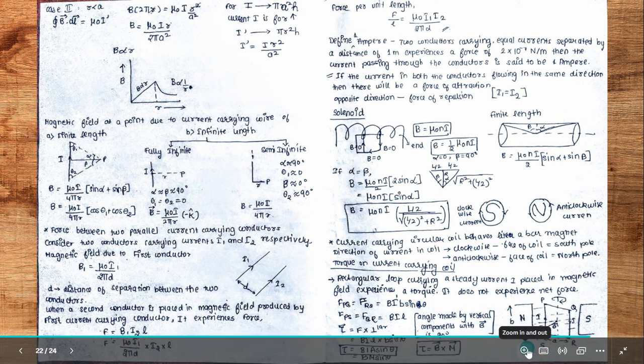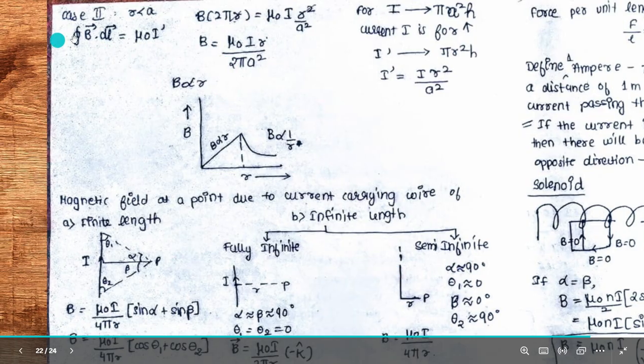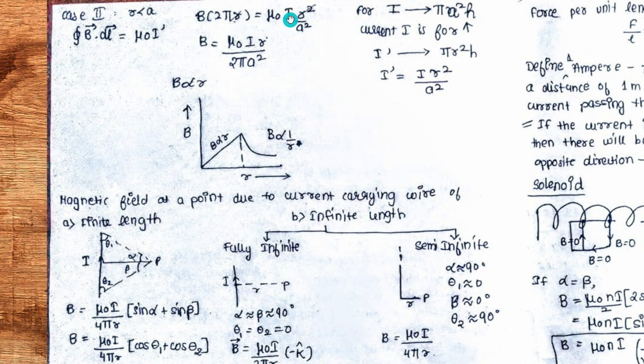Now, dl again: the closed integral of dl can be written as 2 pi r. B times 2 pi r is equal to mu naught times I dash. I dash is equal to I times r squared by a squared. Now how did I get this?